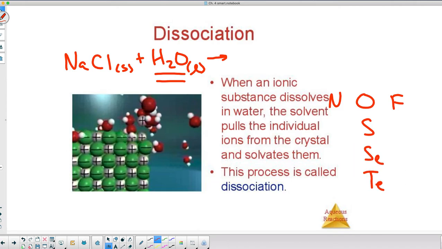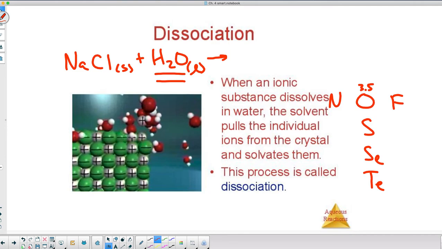We know that in groups or families, the elements tend to have similar properties, but oxygen is so electronegative, it pulls on other elements' electrons so much that its properties are different from sulfur and selenium and tellurium. That's why water is so different, and why water is so necessary for us, because it has special properties. Something we'll talk about a lot more in AP chemistry if you choose to take that class, which I hope you do.